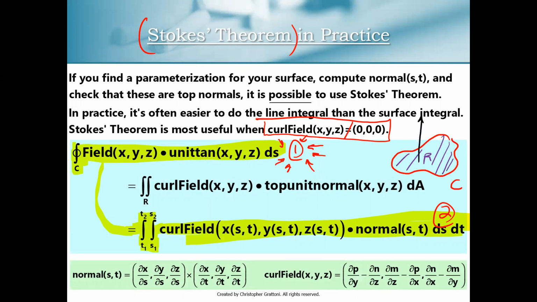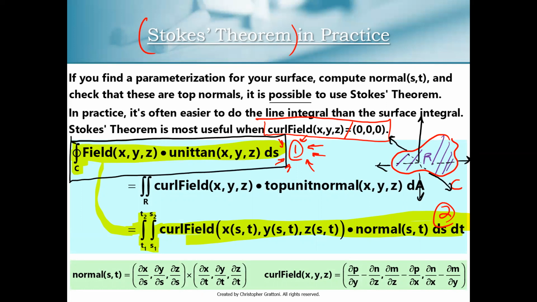So something like this. Just drawing in some axes here so the picture looks a little bit better. Okay, so you have a curve C living in three-dimensional space and a surface R that has C as a boundary curve. Either you could just use the path integral formula to compute a path integral along the boundary.